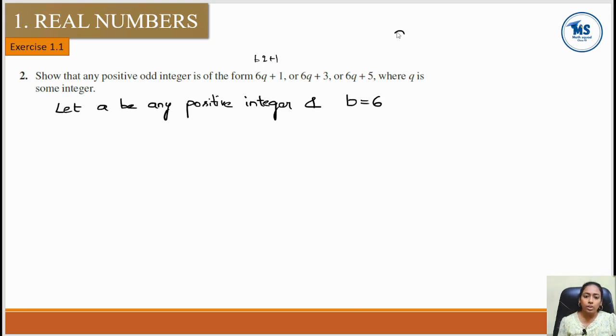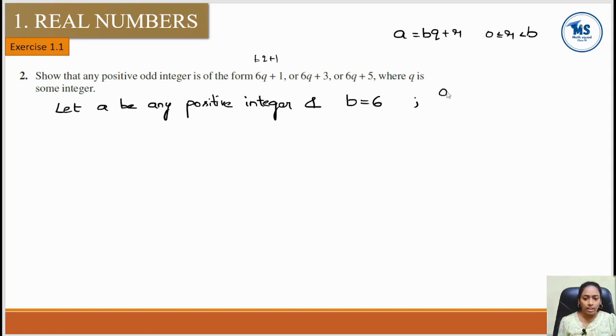Then by Euclid's lemma, you know that for any given numbers a, b, you can write a is equal to bq plus r, where 0 is less than or equal to r, less than b. So here also you have the condition on r, right?